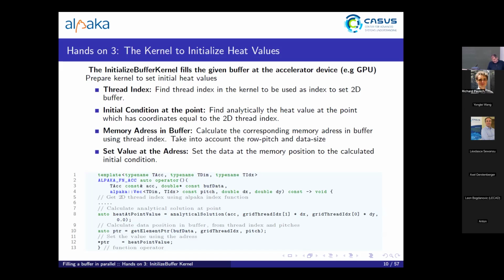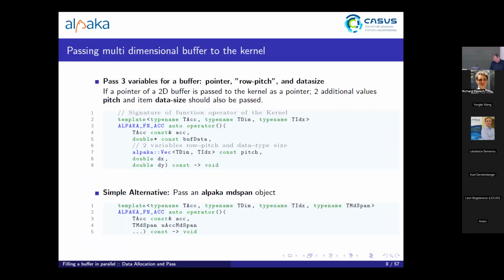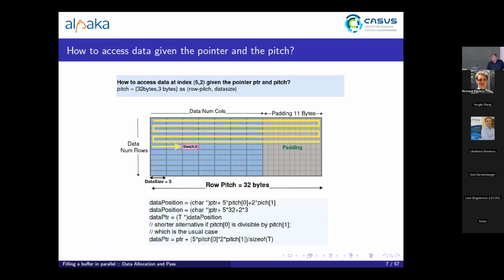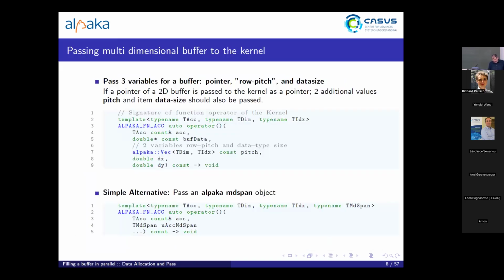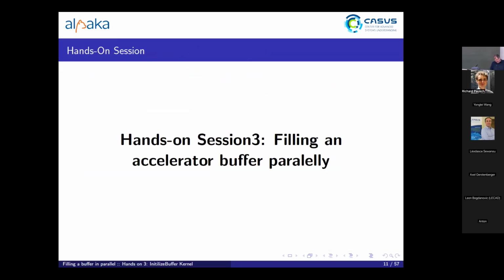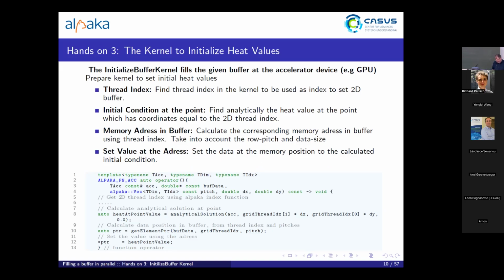Then we need to calculate the memory address in the buffer using these pitch values and pointer arithmetic, and then set the value at the address with the value calculated using this analytical solution function.